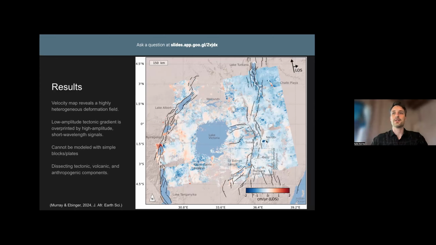You can just see all this variation across the entire area. The distribution of deformation really can't be easily modeled by a simple block model. So for the rest of the talk, I'll zoom into some of these different areas and get a better view of some of these shorter wavelength signals.